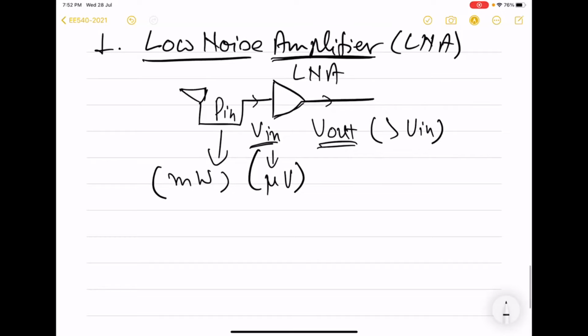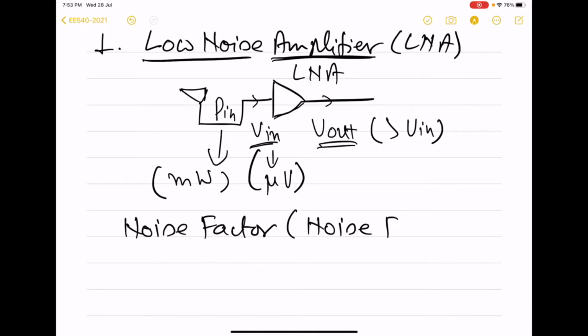And to characterize or to compare one amplifier, one LNA with another LNA, and to figure out which one is better as LNA, we use a parameter called noise factor, or in decibel, this will be called as noise figure. So we will take up various LNA circuits and we will find out noise factor and see that which one is better as LNA.